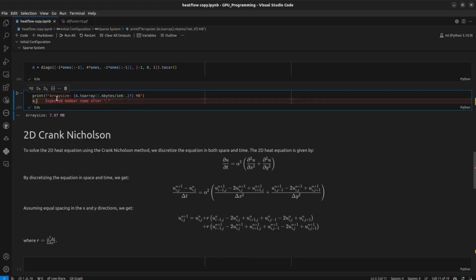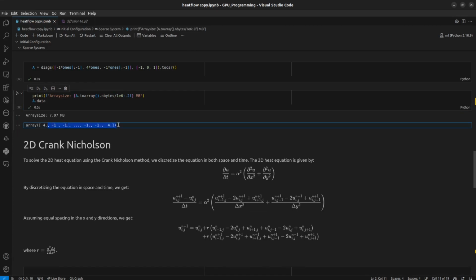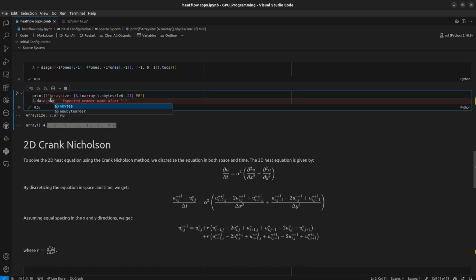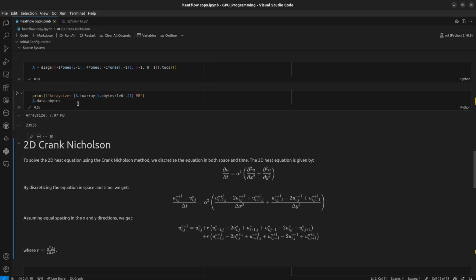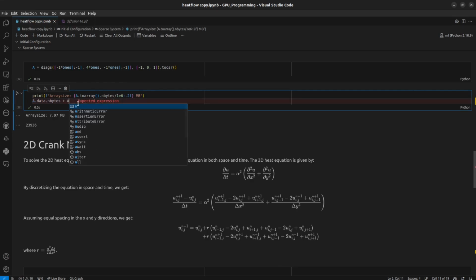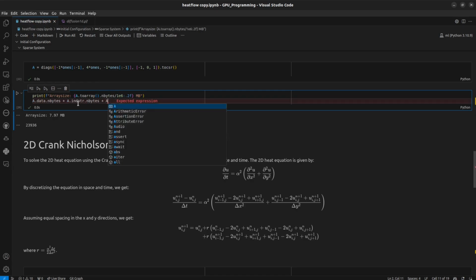So that's the data. That's just an array where we can again get the bytes. Then we also have to consider the indices at which these are stored, and these are given by these two values.